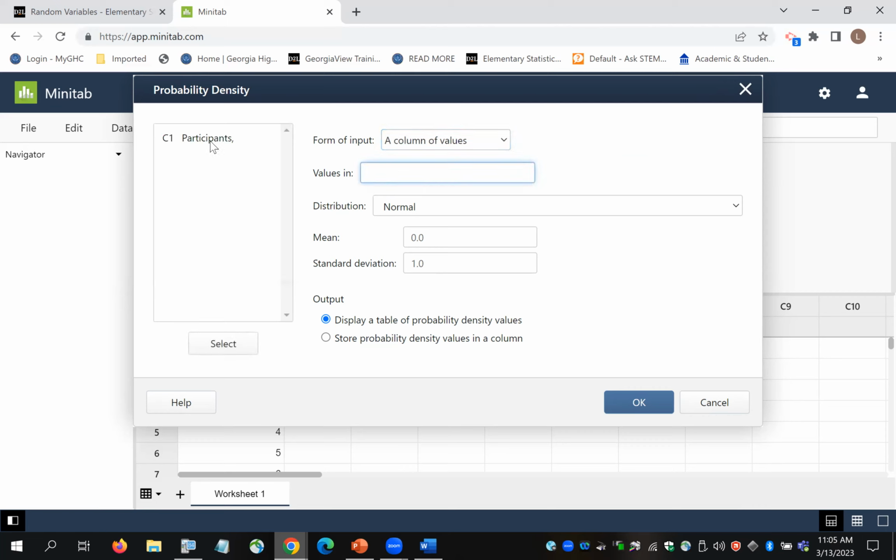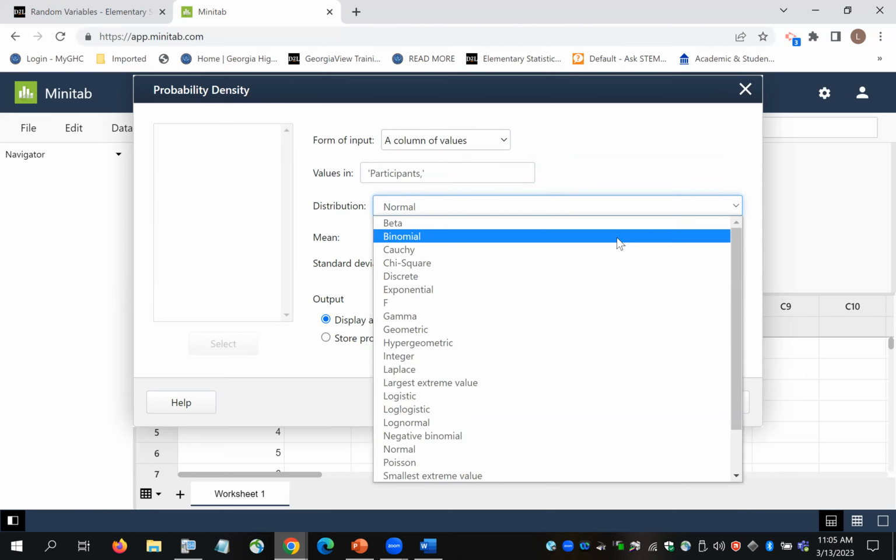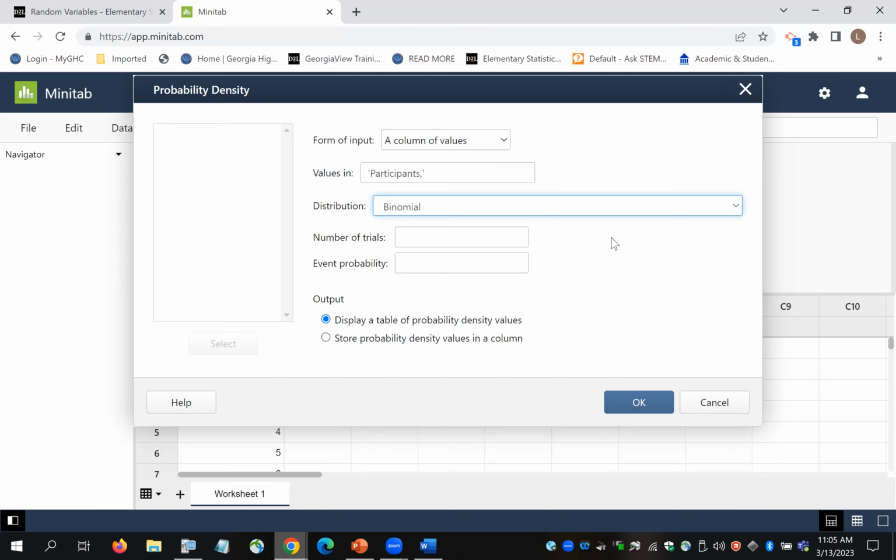Those values are in column 1. I have to indicate what type of distribution I'm doing. We are doing a binomial. How many trials did I have? We had 20.